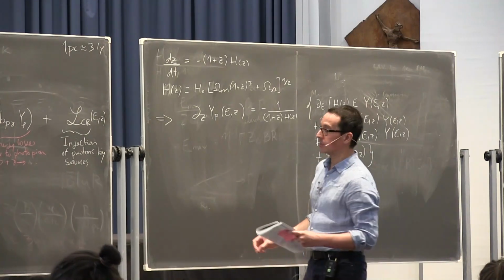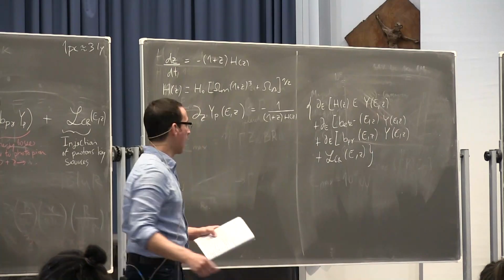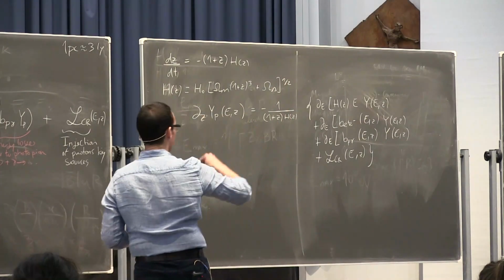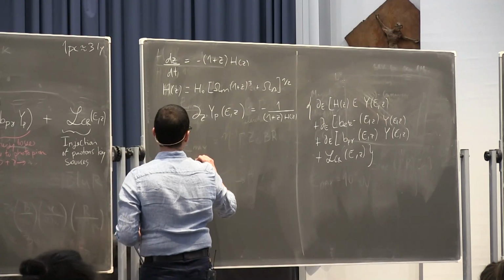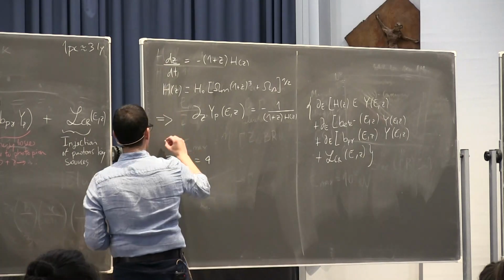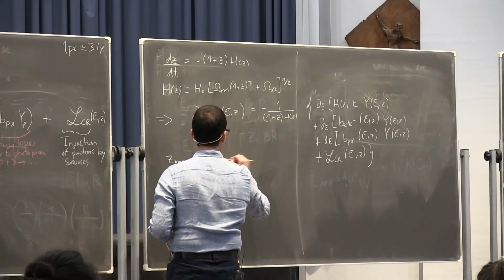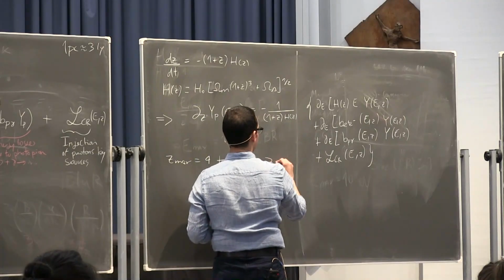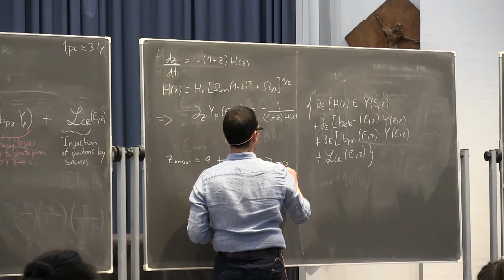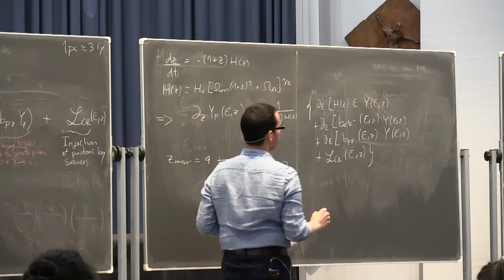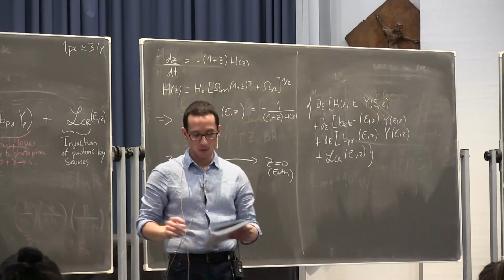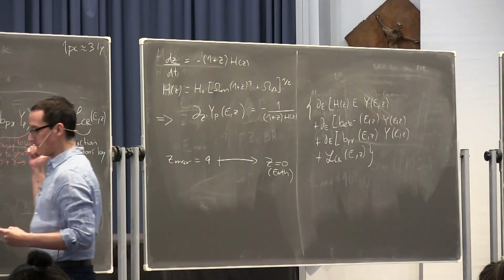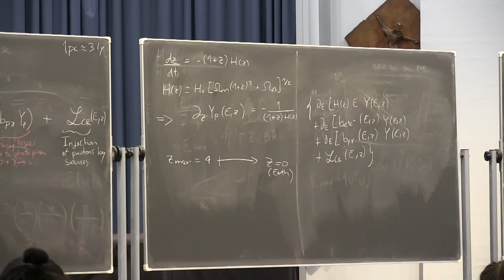So what we will do is evolve that equation from a high initial value of redshift, say z max of 4, all the way down to z of 0, where we are. The result will be the flux of protons that reaches the Earth after being affected by all these effects and after being injected more and more across different redshifts by sources.